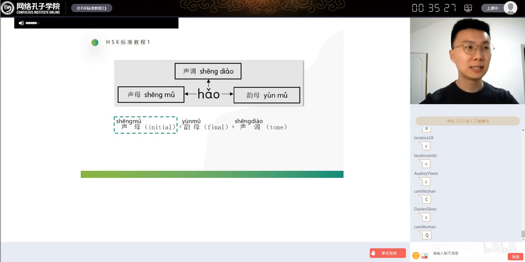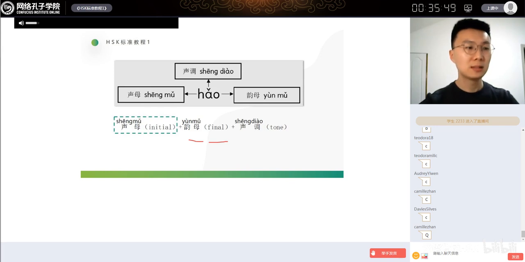We have known that pinyin consists of three parts. Initial, 声母, final, 韵母 and its tone, 声调. Not every pinyin has a 声母, but a 韵母 is necessary.